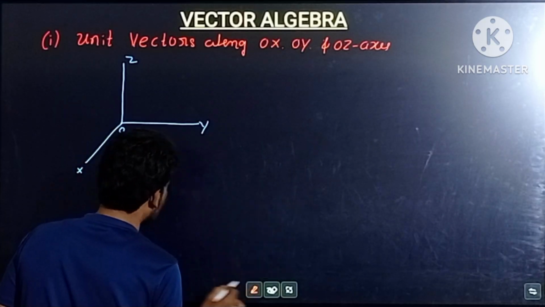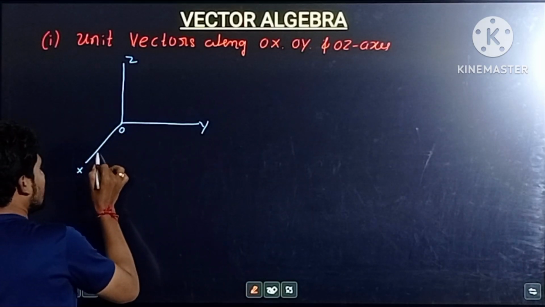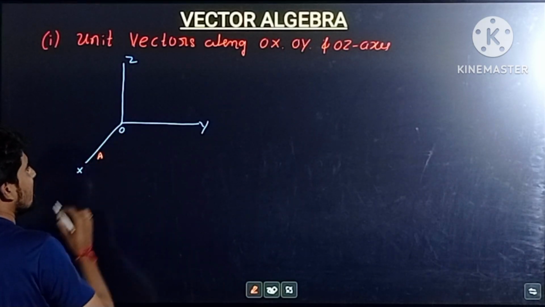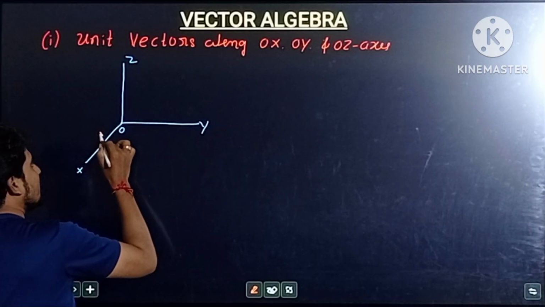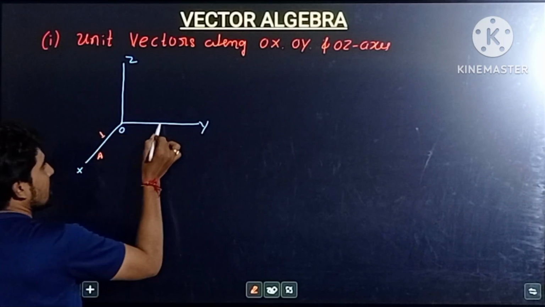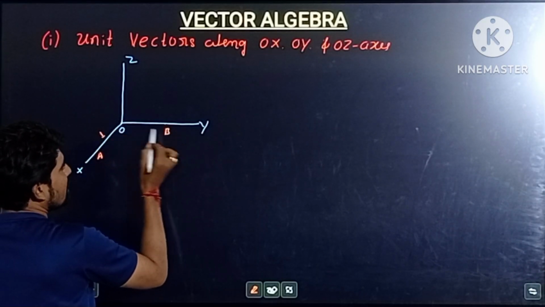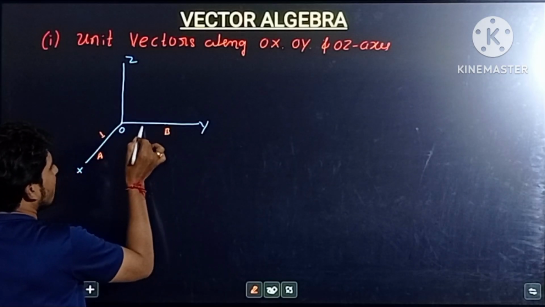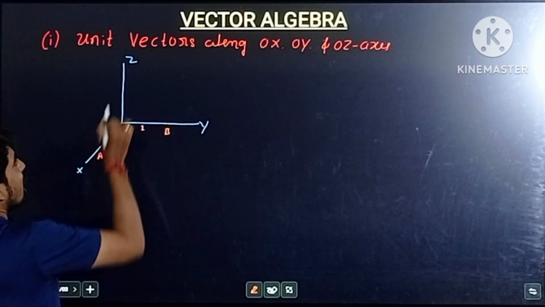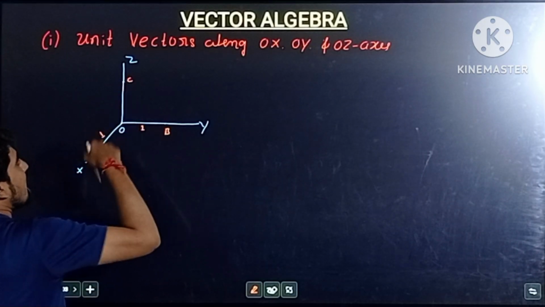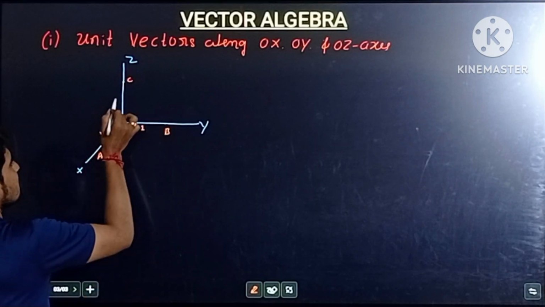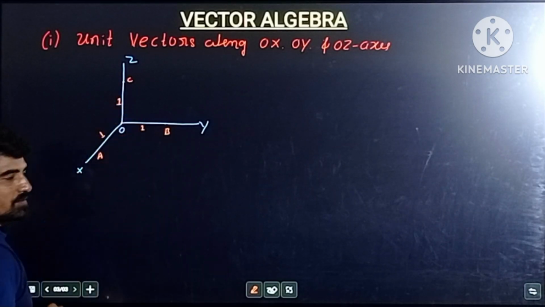Suppose A is a point on X axis at a distance 1 unit from the origin, B is a point on Y axis at a distance 1 unit from the origin, and C is another point on Z axis at a distance 1 unit from the origin.